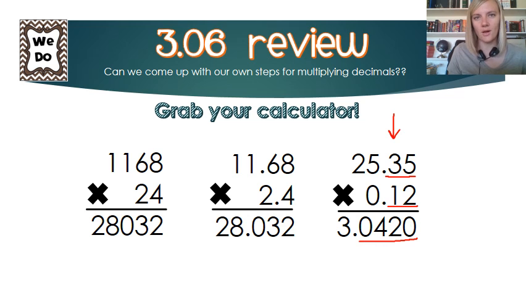There are 4 numbers to the right of my decimal point in my answer. We are definitely not lining up our decimal points, are we? See this here? These are not lined up.